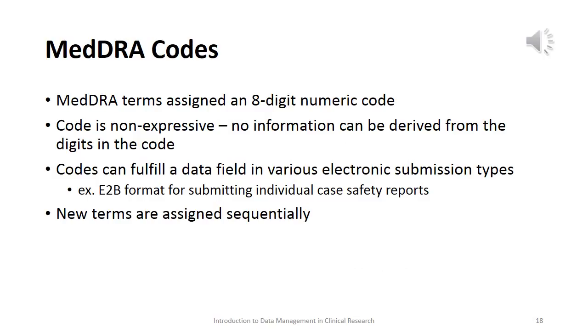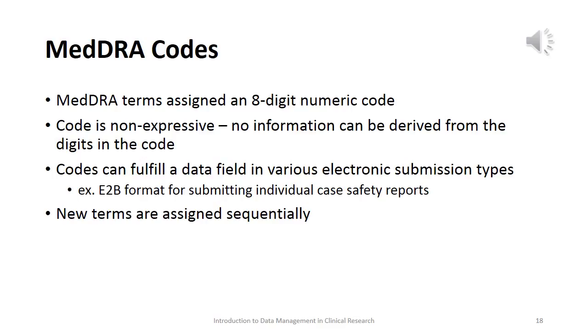So as we talked about earlier in our discussion of clinical databases, we wanted to use as many codes and as many specific pieces of information as we could that can be countable. So the way this works with our coding dictionary is that the MedDRA codes, the terms themselves, are assigned to an 8-digit numeric code.